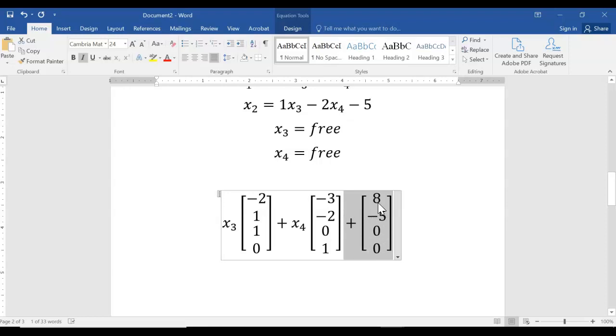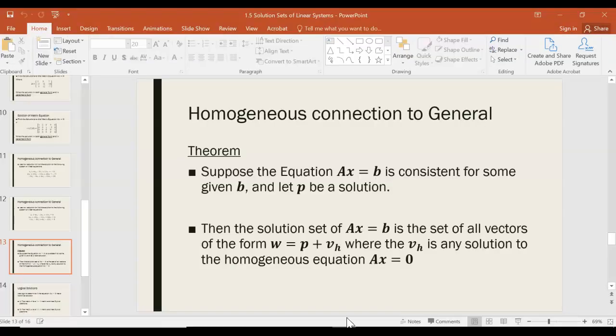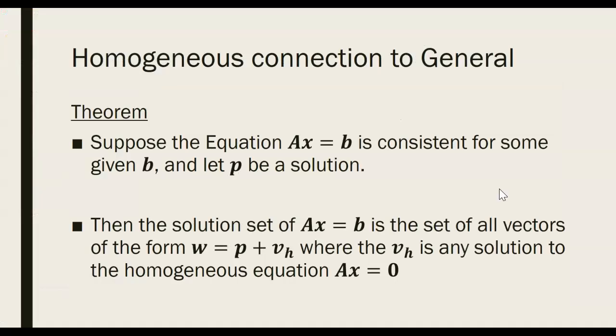So here, this 8, negative 5, 0, 0, that's the P that they're talking about. And then the VH is what you get when you add these two things together. Okay? So that's the connection to the general solutions. All parametric forms of the general solution are going to look like a solution to the homogeneous system plus a constant vector.